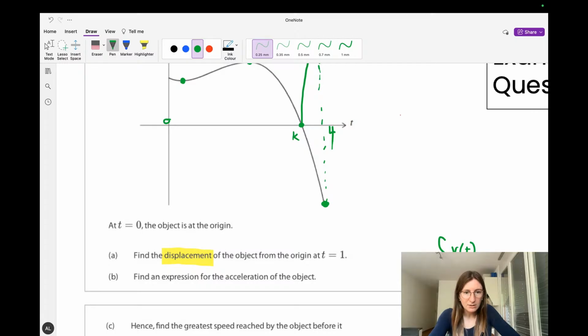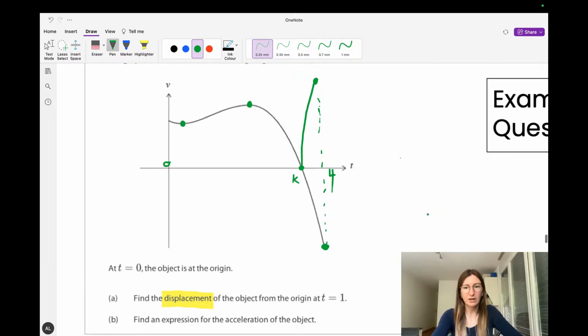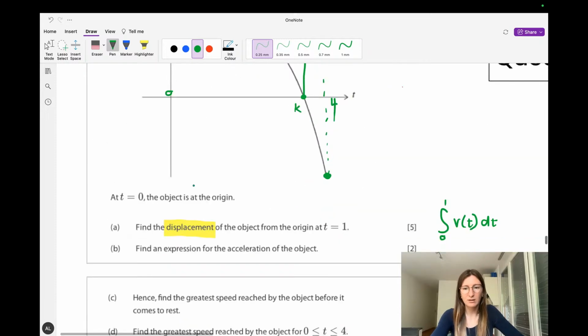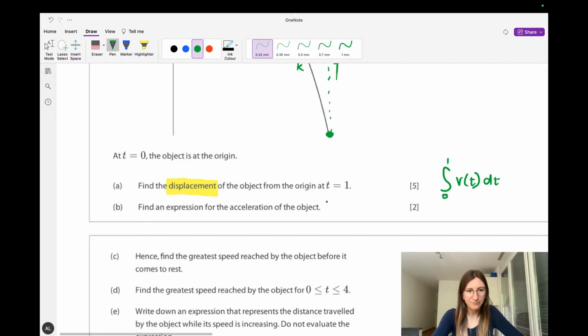So from 0 to 1, we want to find that displacement. We would set that up and work it out, and you can see we have a lovely function to work with here, but nothing crazy. That's just 5 marks for all of the integrating you're going to do.